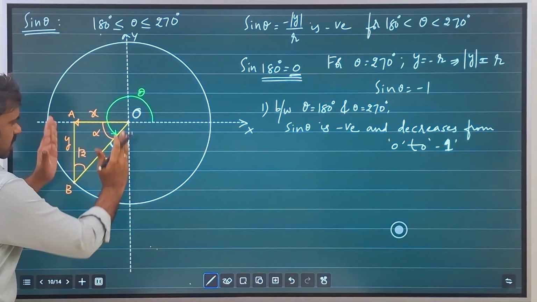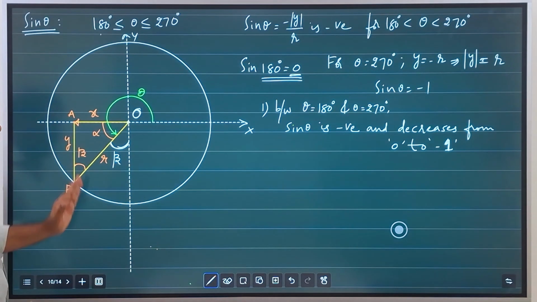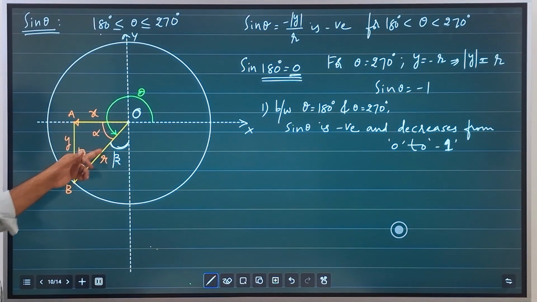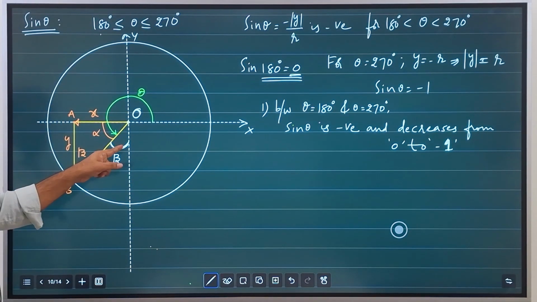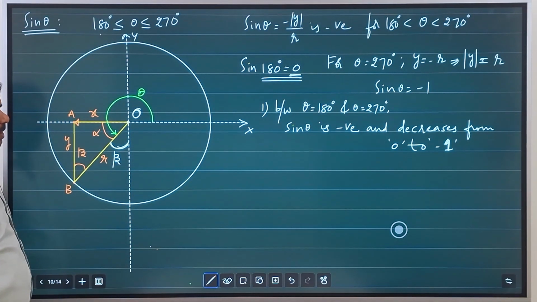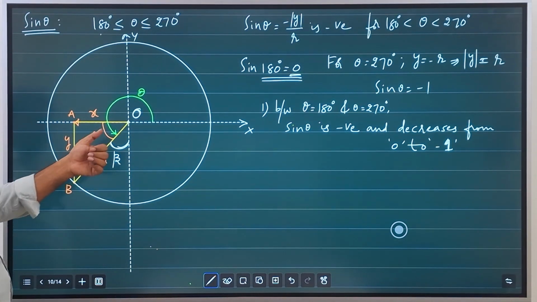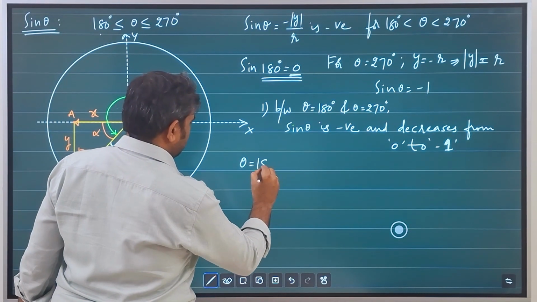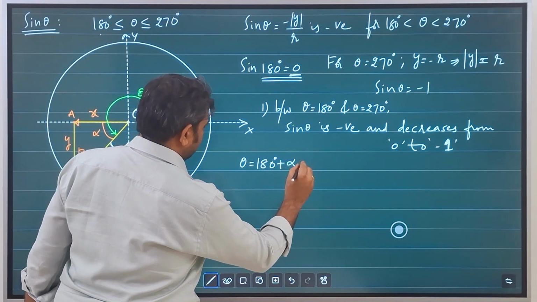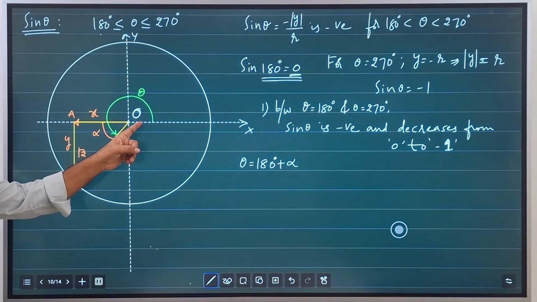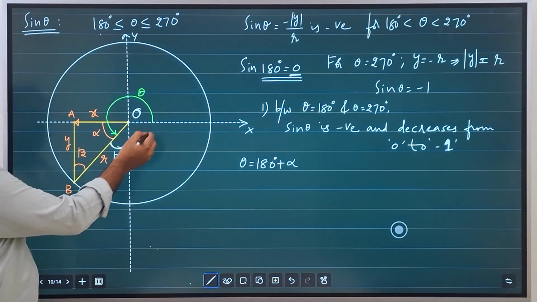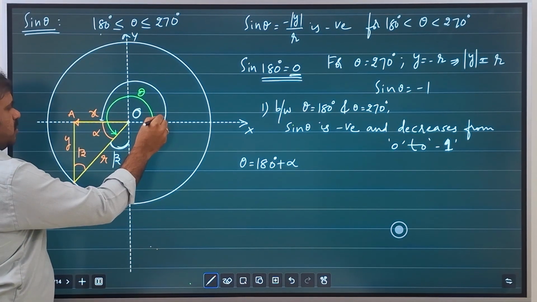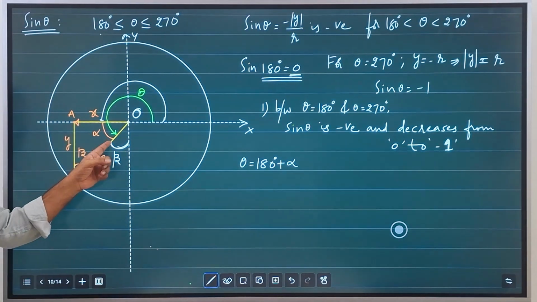The y-axis and the vertical side of the right angled triangle are parallel sides, so this line makes equal angles here. So this angle is beta. Look at the figure. You can write theta is equal to 180 degrees plus alpha.